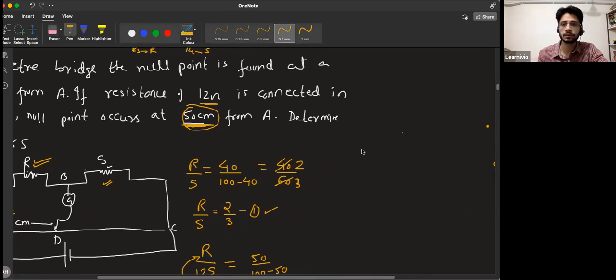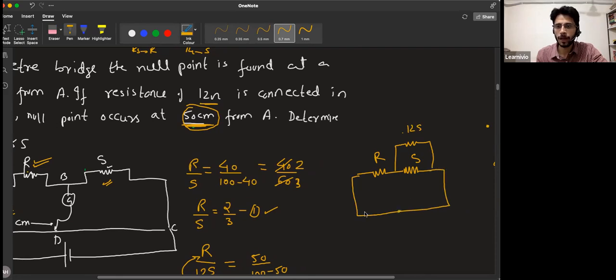What I did is, in the left arm we have resistance R, in the right arm we have resistance S. We connected a 12 ohm in parallel with this. And now the balancing length is 50 centimeters.